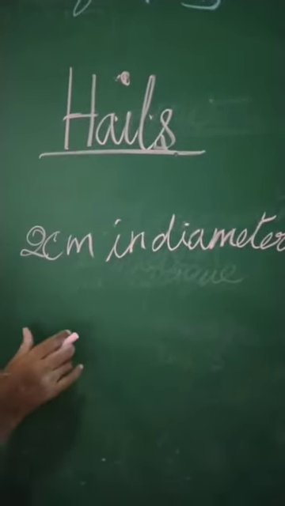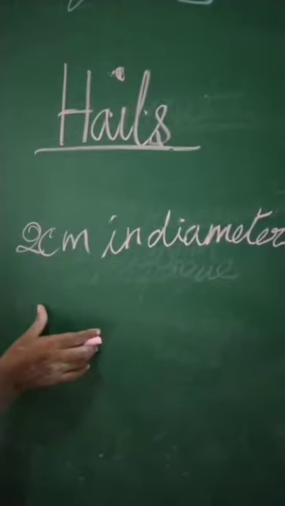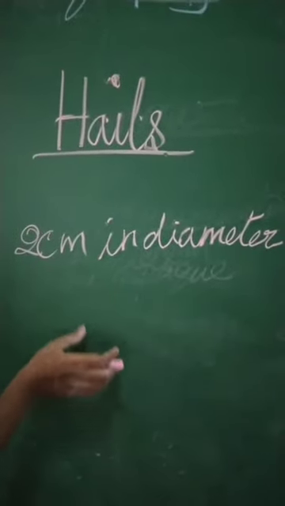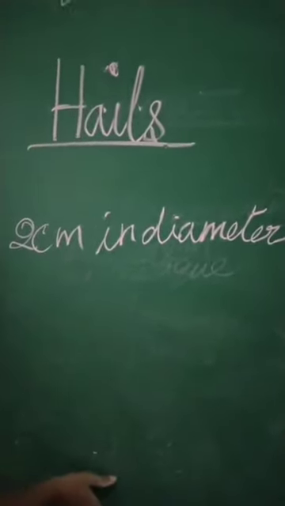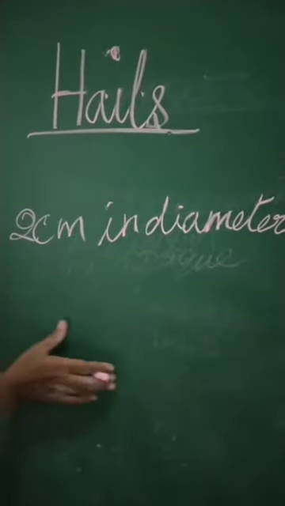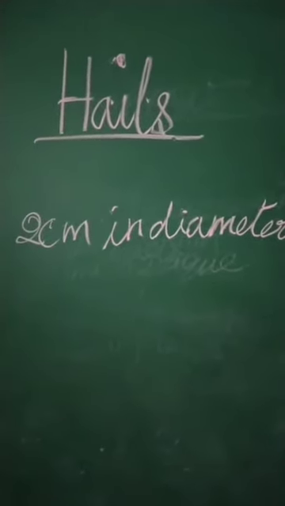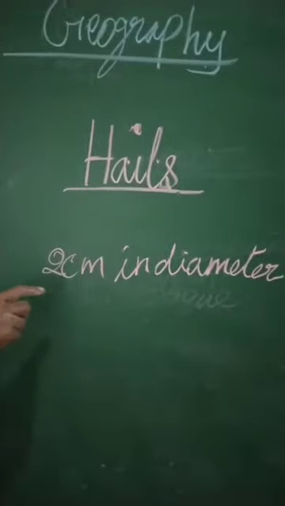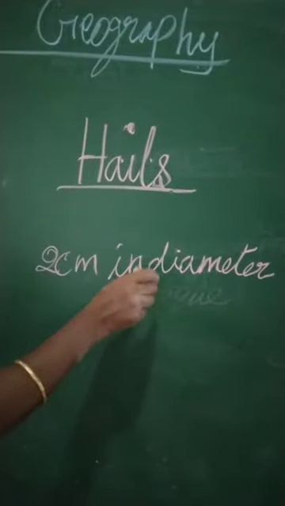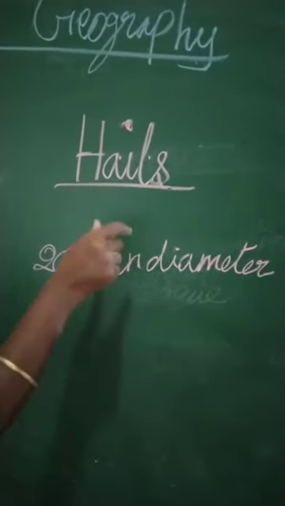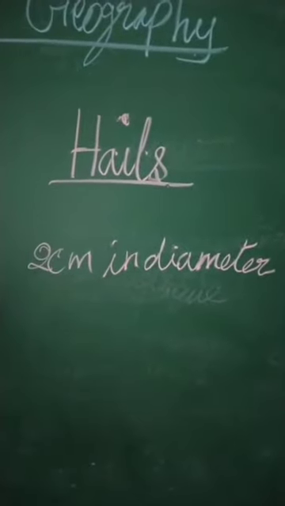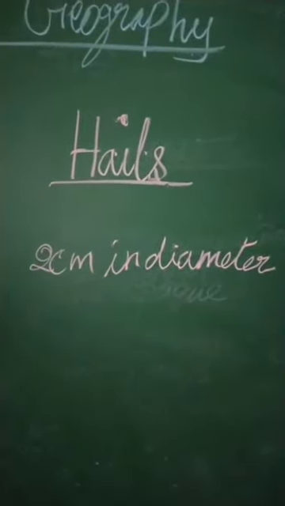Hailstones are a form of solid precipitation where small pieces of ice fall downward. These are destructive forms of solid precipitation because they destroy agricultural crops and human lives.